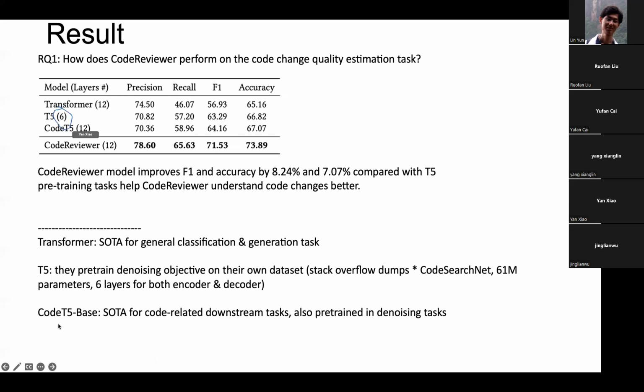I think they refer to this code T5. The 6-layer one is the small version of the T5. Yeah. So they're not exactly based on T5. They're based on code T5, right? Yes, I think their baseline should be called T5. I think they train on their data set on the code T5, so they compare with the code T5.